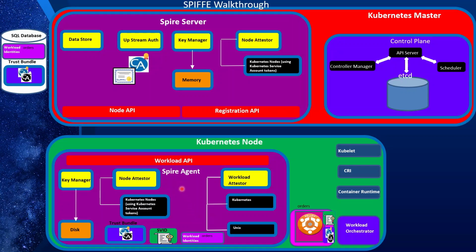Behind the scenes, the SPIRE agent will be requesting new certificates for all the workloads that it manages. So this is a great security feature because it's very difficult to spoof the certificate when they're very short-lived. So this is really a quick view of how Kubernetes is integrated with SPIFFE and SPIRE Server.